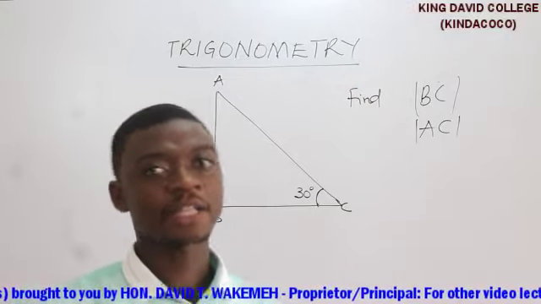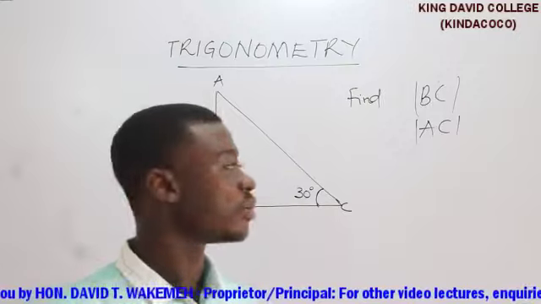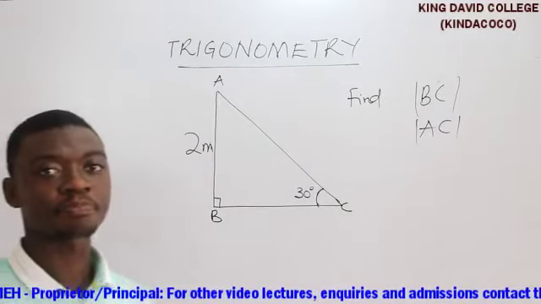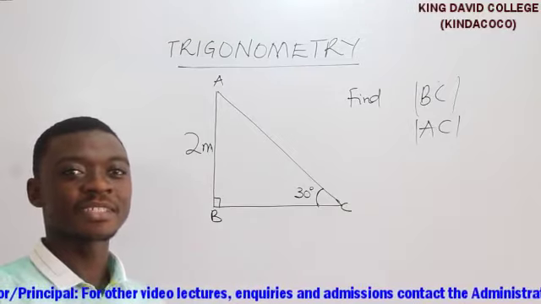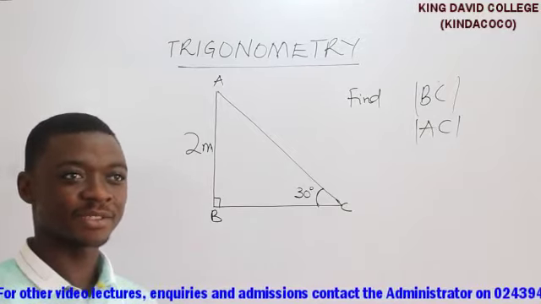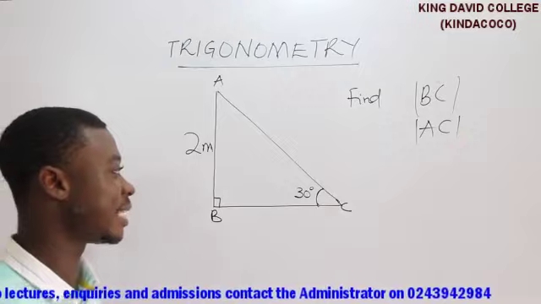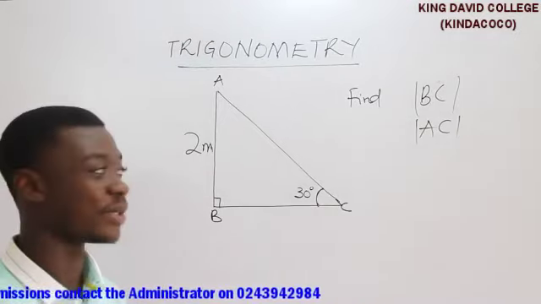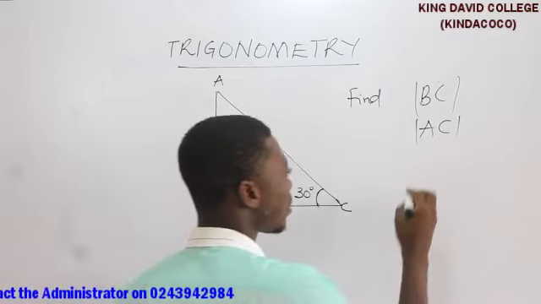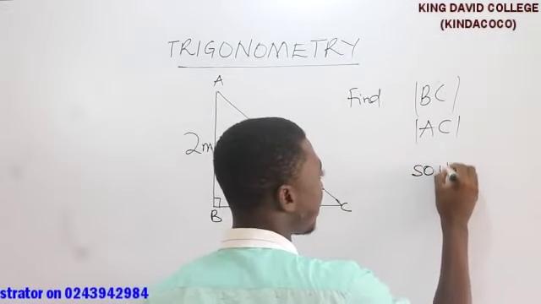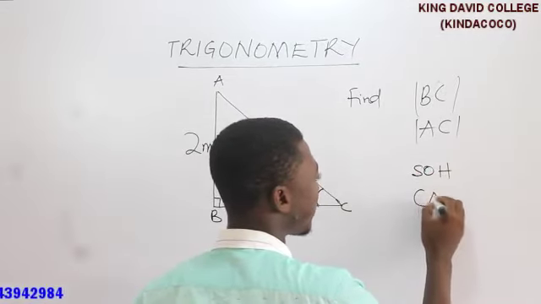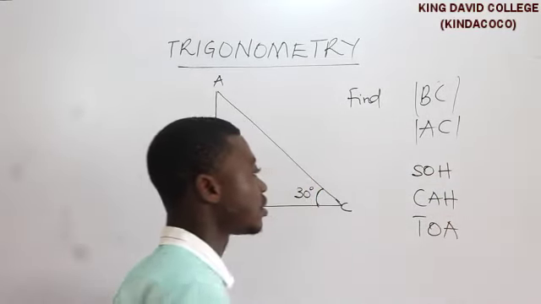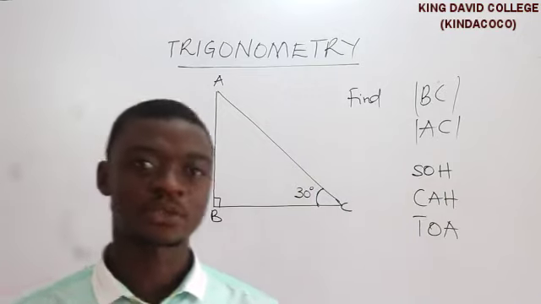Okay, how then do we go about that? We go about that by employing some acronym that is most commonly known as SOH CAH TOA. A lot of people know about that. These three: SOH, CAH, and then TOA.